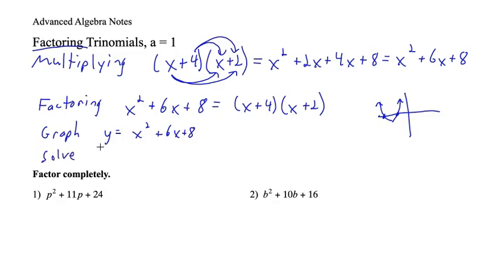Factoring can also help us solve quadratic equations. So if we're solving the equation x squared plus 6x plus 8 is equal to 0, these factors would help us figure out that the solutions are x equals negative 4 and x equals negative 2. So lots going on with factoring.